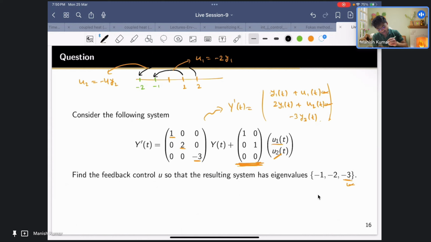The other possibility is that I shift this here and this here. So I am shifting 1 to -2, by 3 units, so u1 would be -3 y1. Here again I am shifting by 3 units, so u2 would be -3 y2. Let me just copy it there.